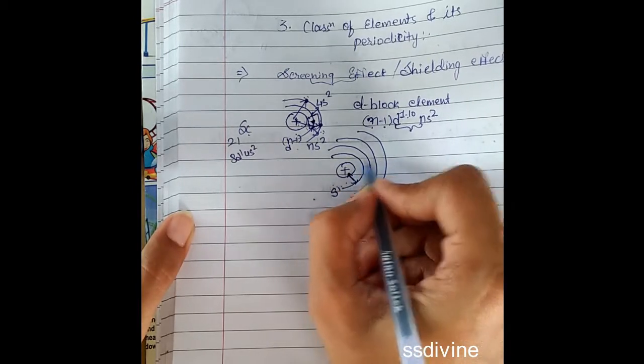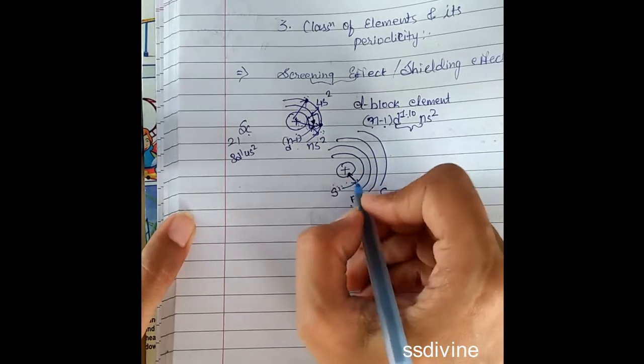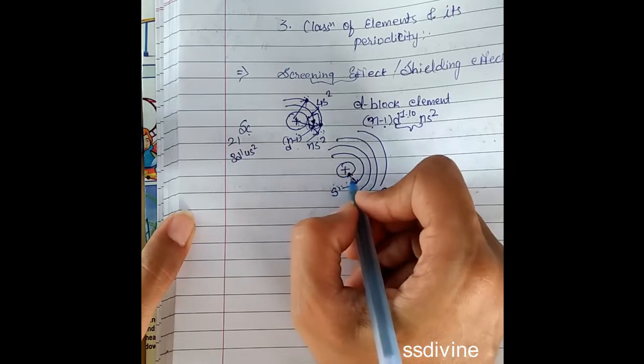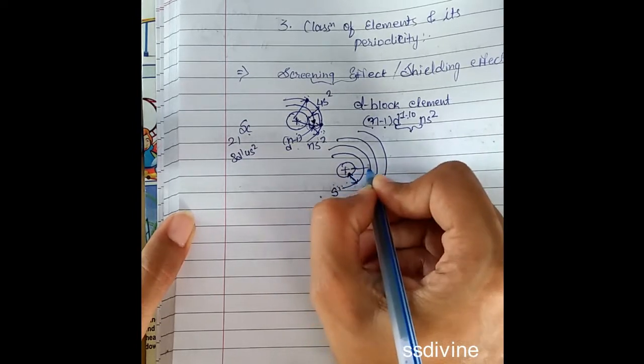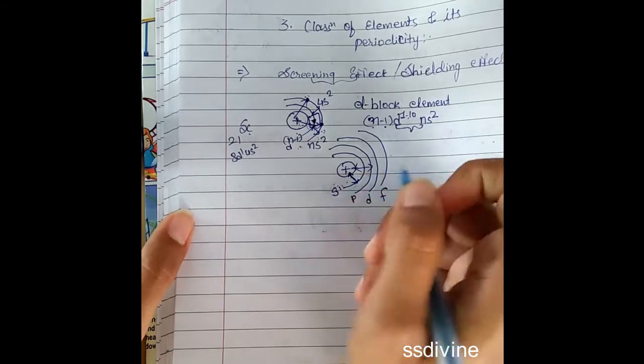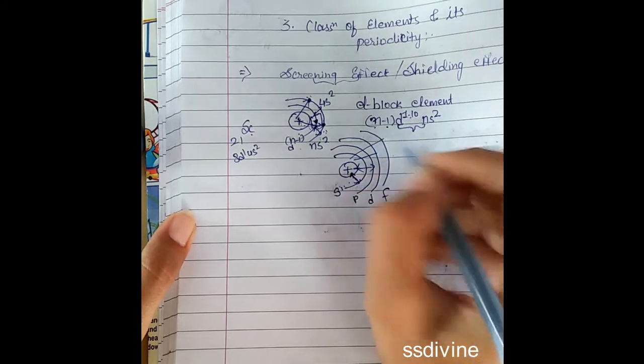On moving far away from the nucleus, the shielding power will decrease. So S is having maximum shielding because it is much closer to the nucleus. Then P is having somewhat less shielding power than S, and then D, and then F.